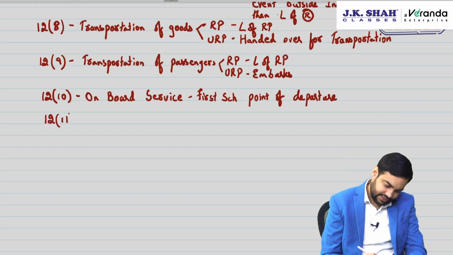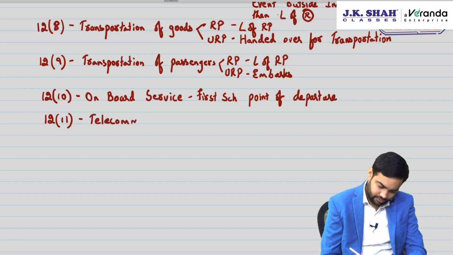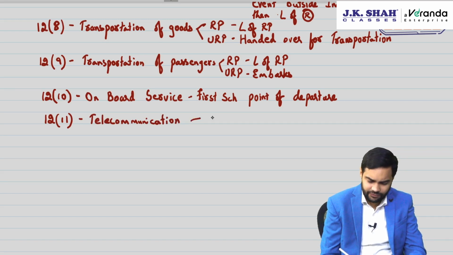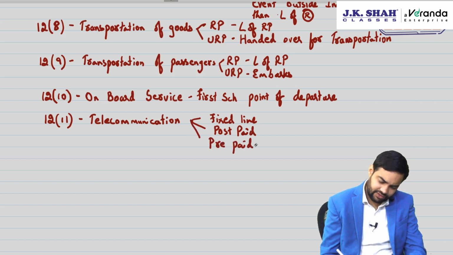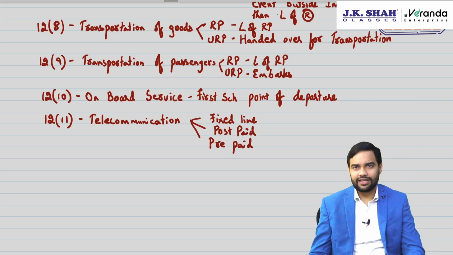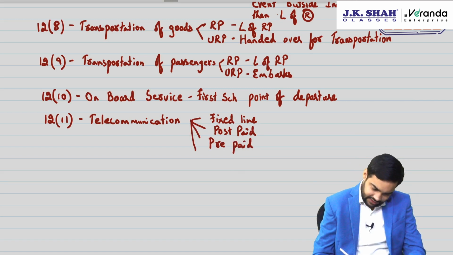12.11 basically deals with telecommunication sector. Now telecommunication sector, the law is very clear on this. If it is fixed line, then the location of such fixed line where the device is installed. Postpaid connection, then billing address is used. Prepaid, if it is through a selling agent, then selling agent. If it is directly to final consumer, wherever prepayment is received. Online, location of recipient. Any other case, first try to find out the location of recipient.